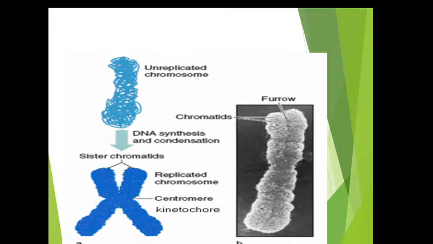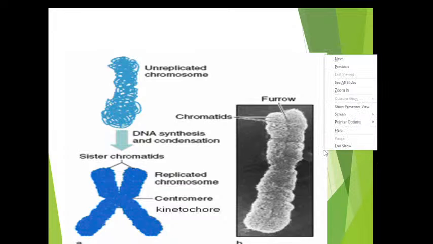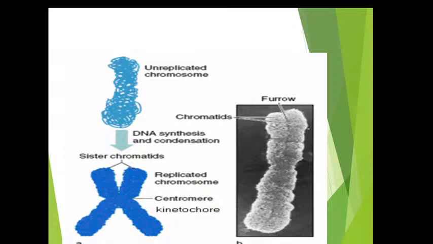During cell division, the chromosome undergoes maximum condensation during mitosis. In the cell cycle, particularly in mitosis, the chromosome undergoes maximum condensation, and at other times it will be in a less condensed form.